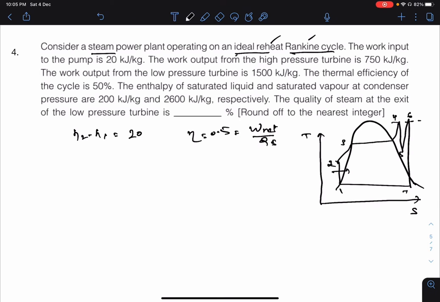So Q supplied is from H3 to H4. And the enthalpy of the saturated liquid and vapor at condenser pressure are given. So this is our condenser, and its enthalpy is given at condenser pressure and temperature. So we will solve this question.